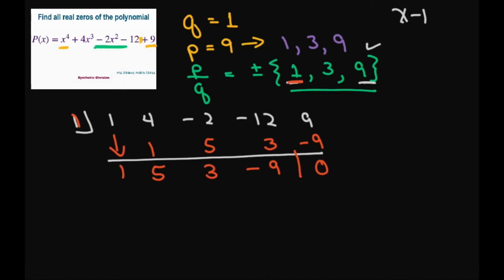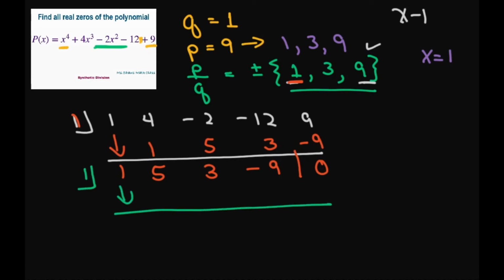All right, now we can do it again. So basically, x equals 1 is a 0, so if we want, we can try 1 again. If we try 1 again, put a 1 here and do this again.